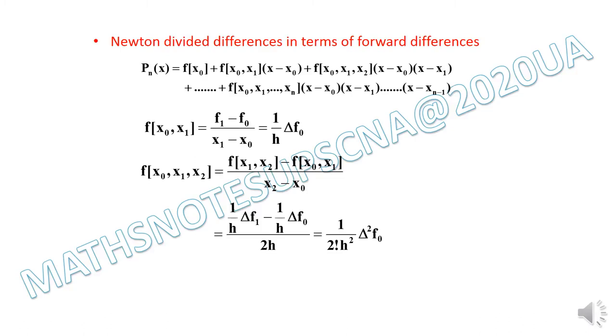Now we simplify it and get 1 upon 2! h² Δ²f0. So in general, if we take n + 1 points, f[x0, x1, ..., xn] is 1 upon n! hⁿ Δⁿf0.